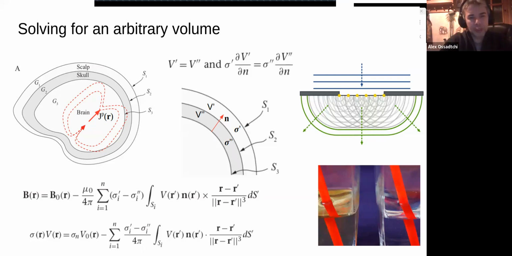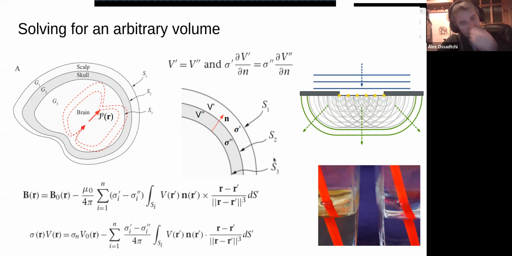You have the source, the primary current inside the brain, and you are interested in the potential which occurs on the skin layer where you attach your EEG electrodes, and in the magnetic field that occurs in the vicinity of the head.